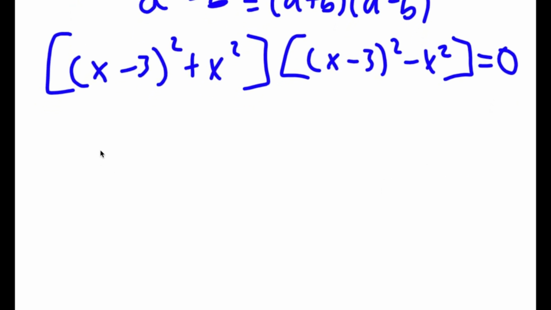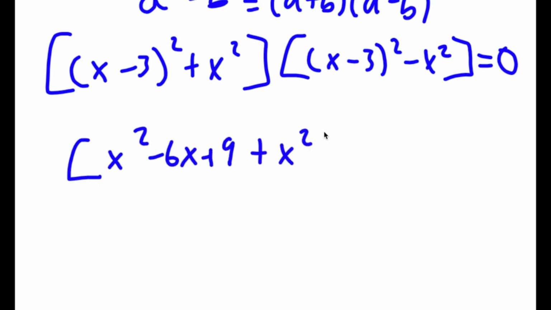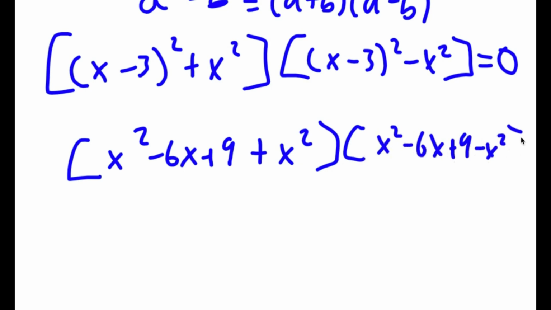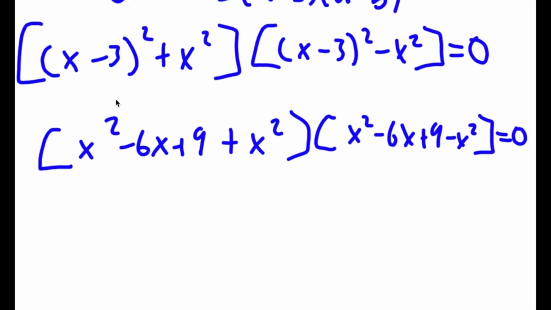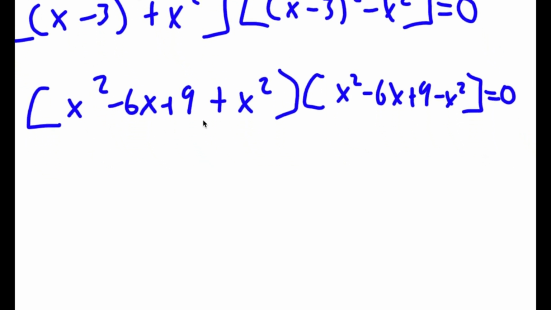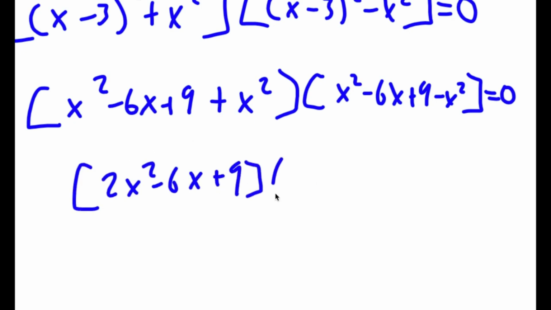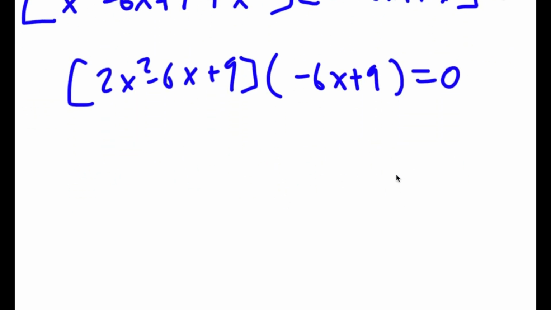And now this is the same thing as (x² - 6x + 9 + x²)(x² - 6x + 9 - x²) = 0, because I just expanded (x - 3)². So now I'm going to simplify this to (2x² - 6x + 9)(-6x + 9) = 0.